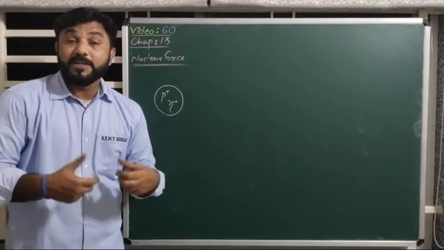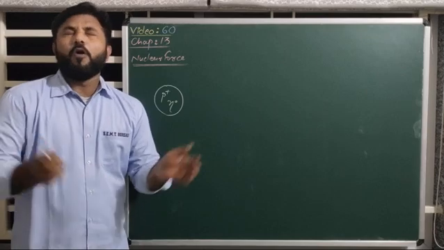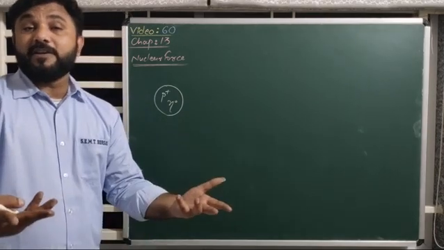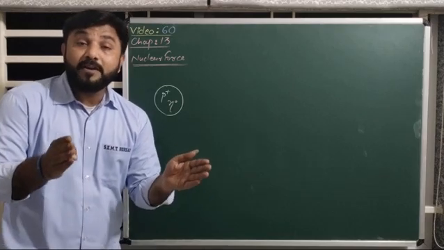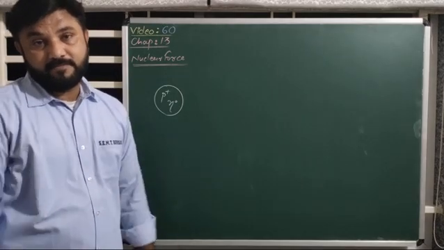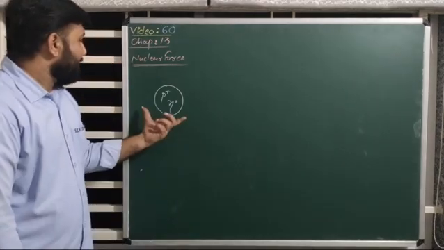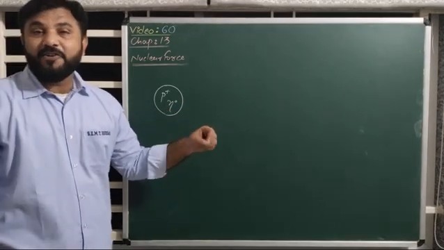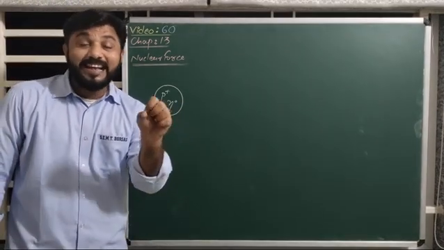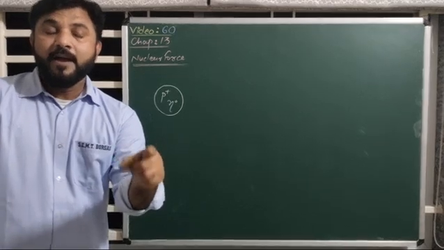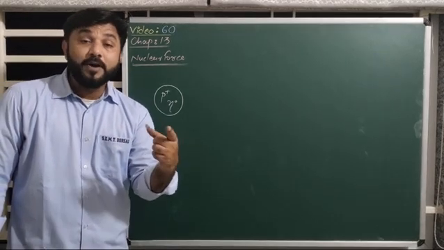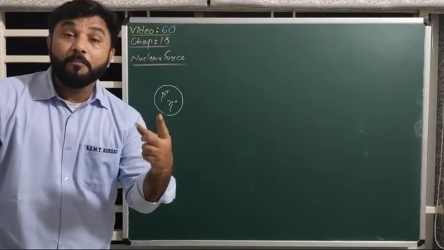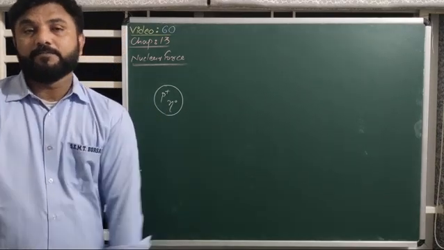Protons are positively charged. All the protons are positively charged, so there may be a Coulombian repulsive force. But then also they are living inside the nucleus. They are existing inside the nucleus, and the radius of nucleus was how much? 10 raised to minus 14 meter.